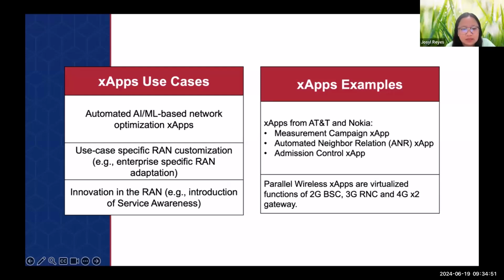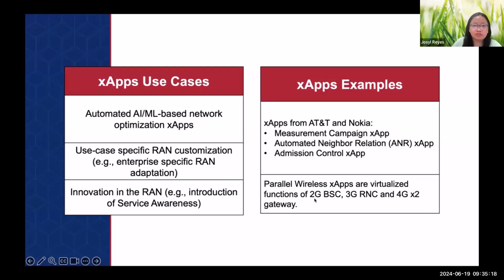And then, as you can see on the right, these are some apps examples from different vendors, like the X apps from AT&T and Nokia, measurement campaign, automated neighbor relation, admission control, or from Parallel Wireless. They tested yung virtualized functions for various cellular technologies.